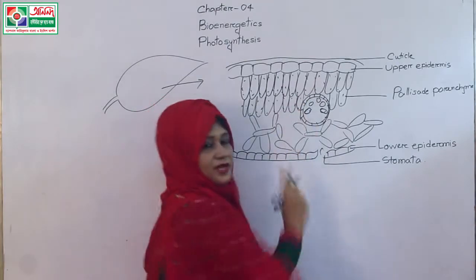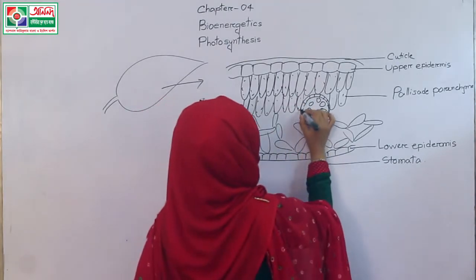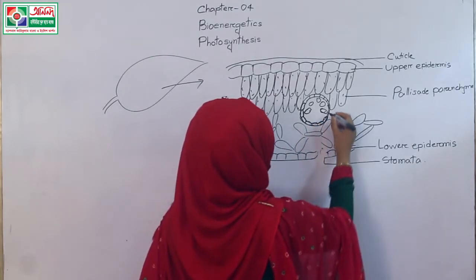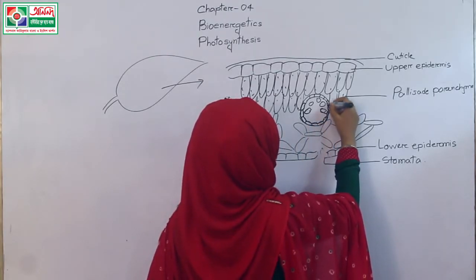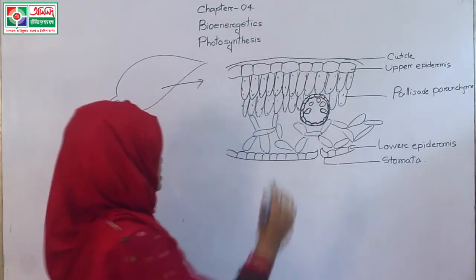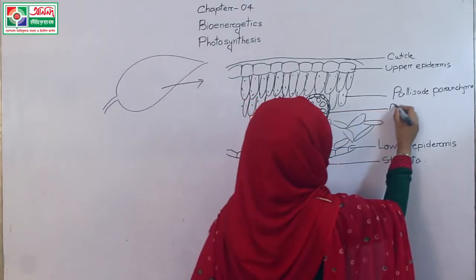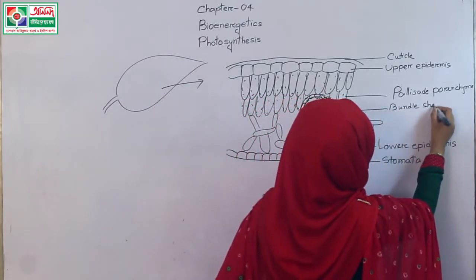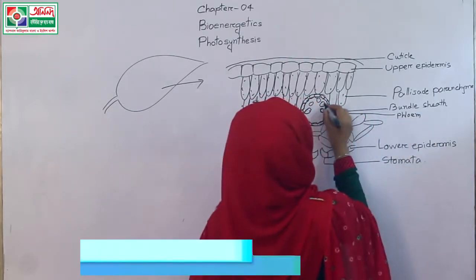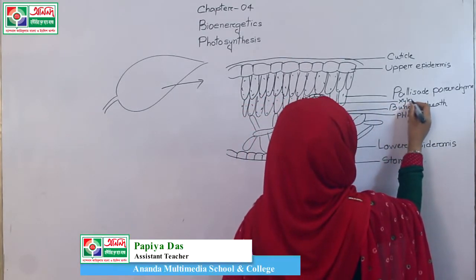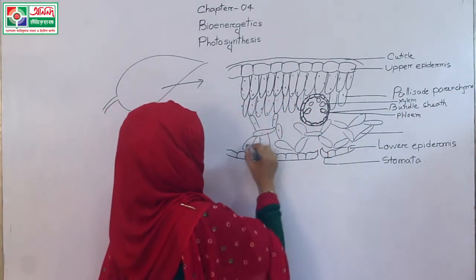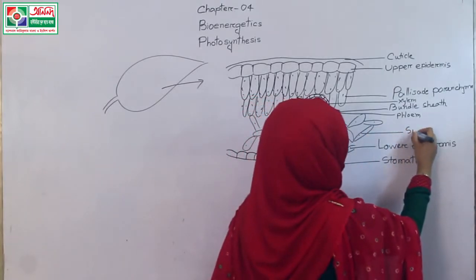And this structure is the bundle sheath. Just make it quite oval structure. These are the bundle sheath. Okay, students, so I am labeling this is bundle sheath. This is phloem. This is xylem. And these are the spongy parenchyma.